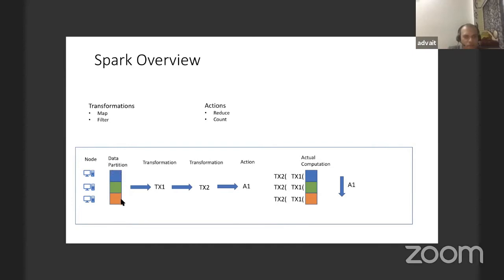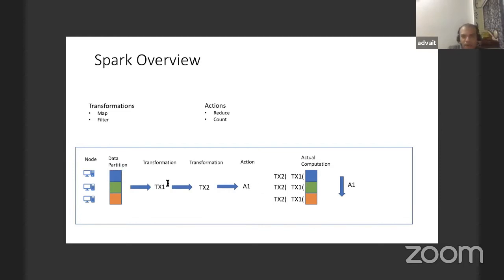So let's say your data is divided into several chunks. Each chunk is stored on each of these machines, and you define a transformation on this whole data, and also a second transformation on top of it, and some action on this whole data set.